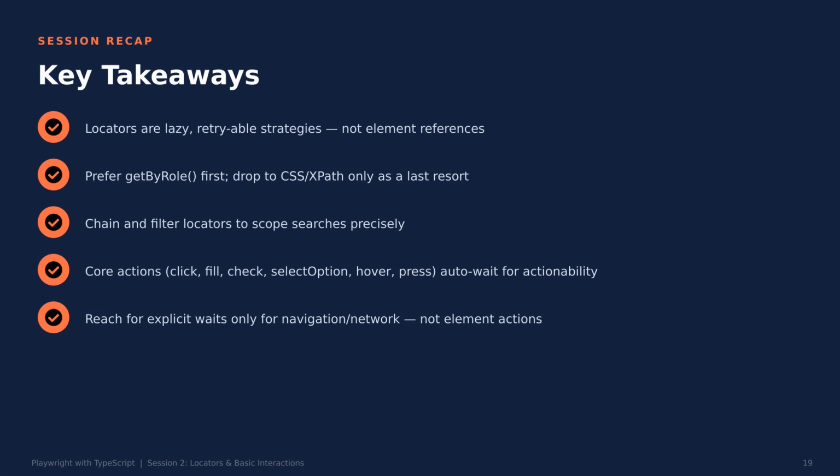The core actions, click, fill, check, selectOption, hover, press, all auto-wait for actionability on their own. You don't need to add anything extra, and reach for explicit waits only around navigation and network activity, not for individual element actions, since those already auto-wait by default.